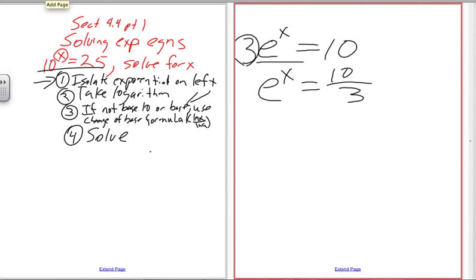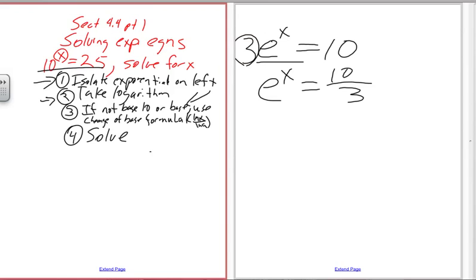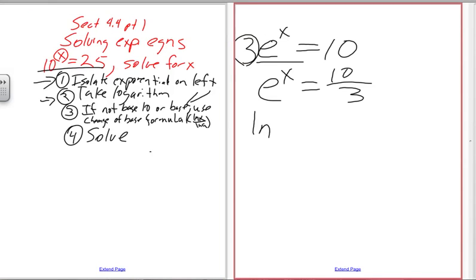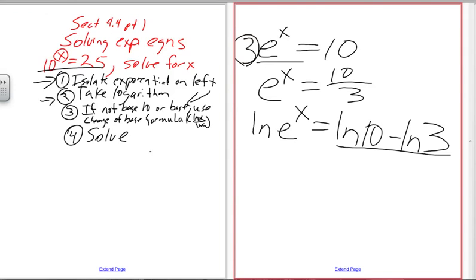So I take logarithm, and because this is base e, I'm going to use natural log of e to the x equals natural log of 10 minus natural log of 3. If you don't see how I got that, go back and review your log laws. Log of 10 over 3 is the same as this.